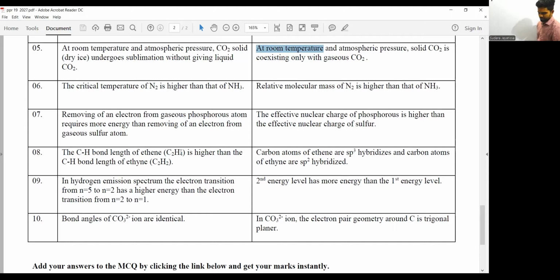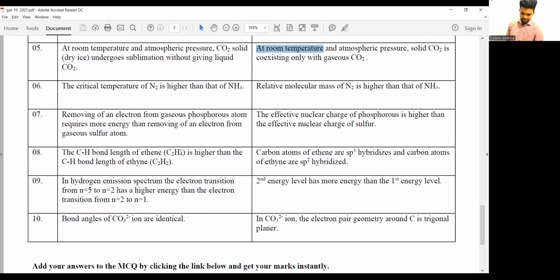Basically in that evaluation test, we revised the whole syllabus we have completed up to now. So please refer to that one and complete your review of that paper. It is your responsibility.